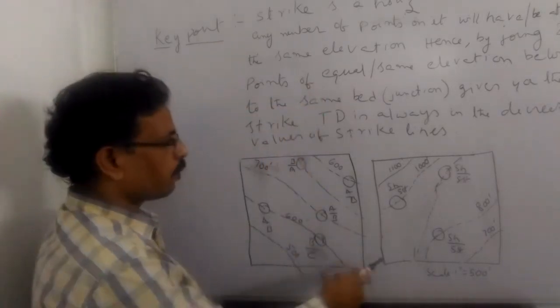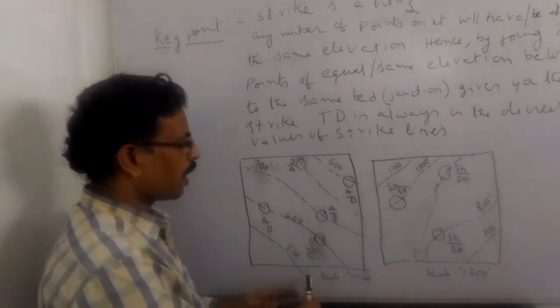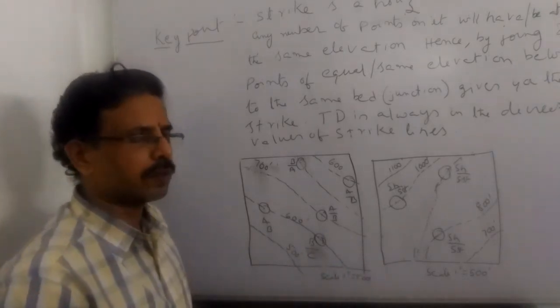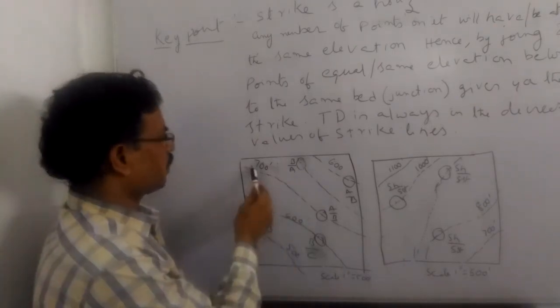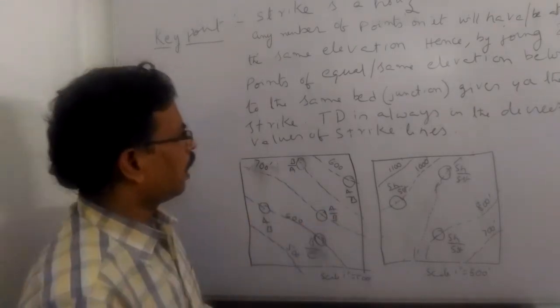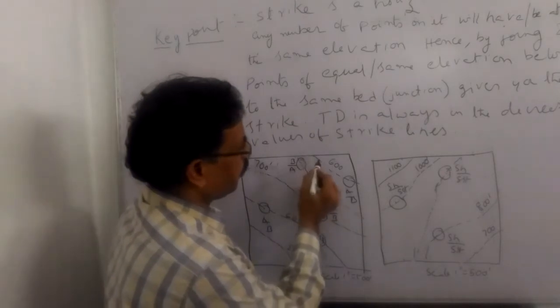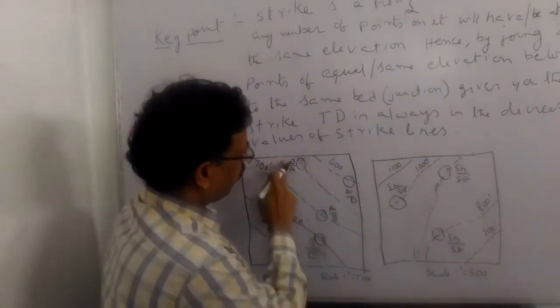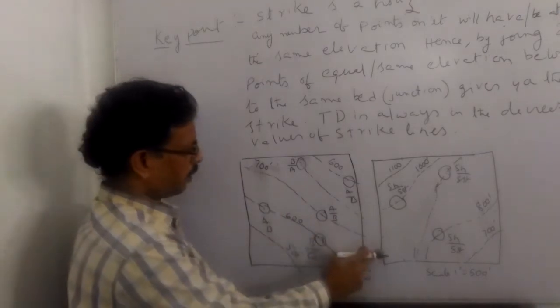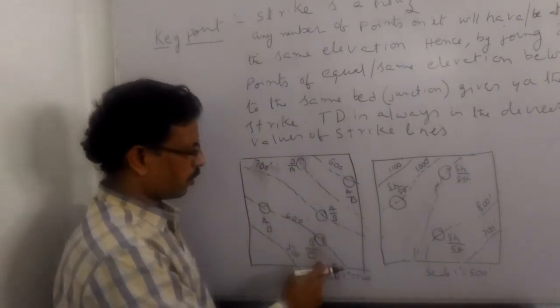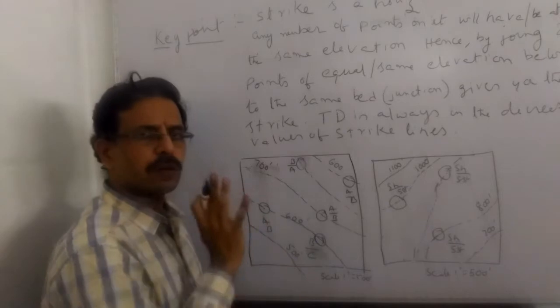The scale for both these maps is 1 inch equals 500 feet. Now I have mentioned some points here. This is the 600 contour line, this is the 700 contour line, again the 700 contour line, this is 600 and this is the 500 contour line.